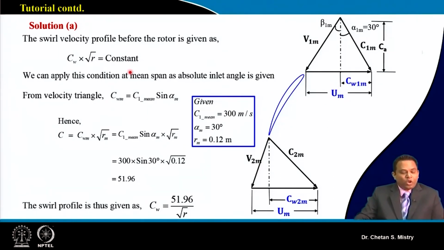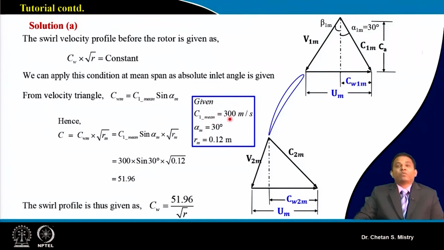From the velocity triangle we can write down our whirl component at the mid station, which is given by C1 into sine alpha m, because at the mid station I know my absolute velocity and my absolute flow angle. So this data is known to me.